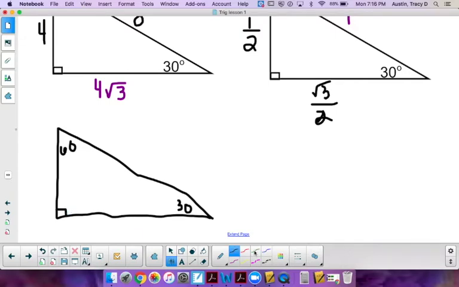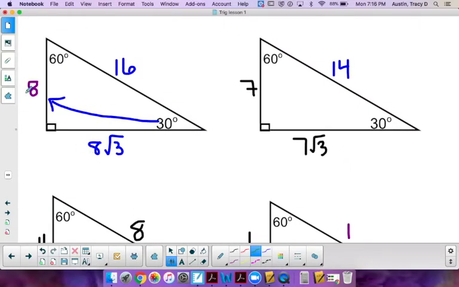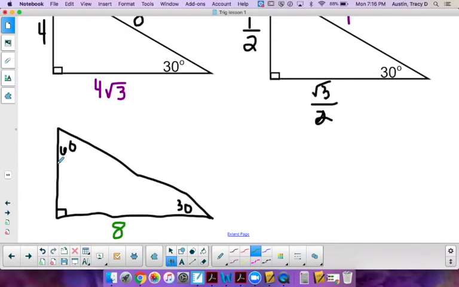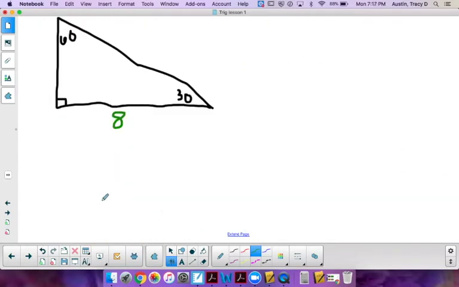And I'm going to tell you that this time the long length is 8. Okay, so again, if I go from the short to the long by multiplying by root 3, then I'm going to go from the long leg to the short leg by dividing by the square root of 3. This is very similar to what we did on the last triangles. We're going to do 8 divided by the square root of 3, and we just need to simplify it.